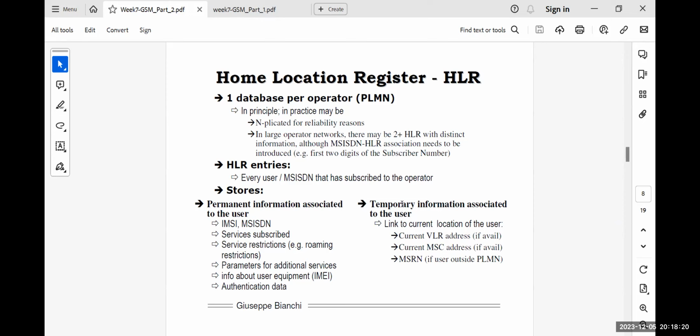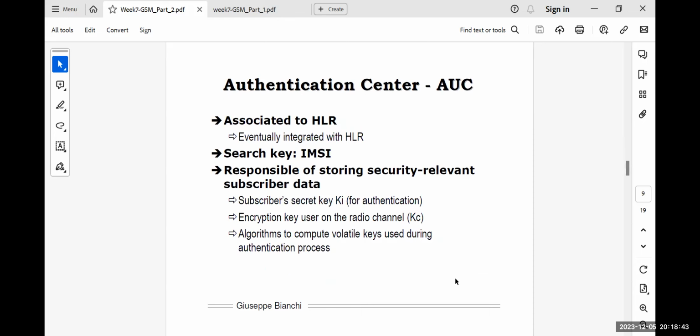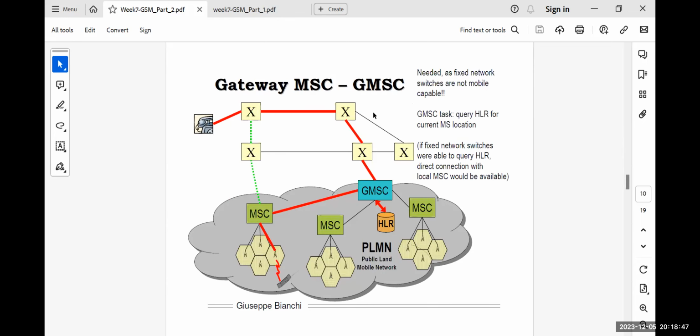As you move to different locations, obviously it does not keep information of everywhere that you go, but your current location or the link to that is available in the home location register, and it keeps a record of the current visitor location register that we will see in the next slide, the current MSC address, the MSRN if that is outside the PLMN network.